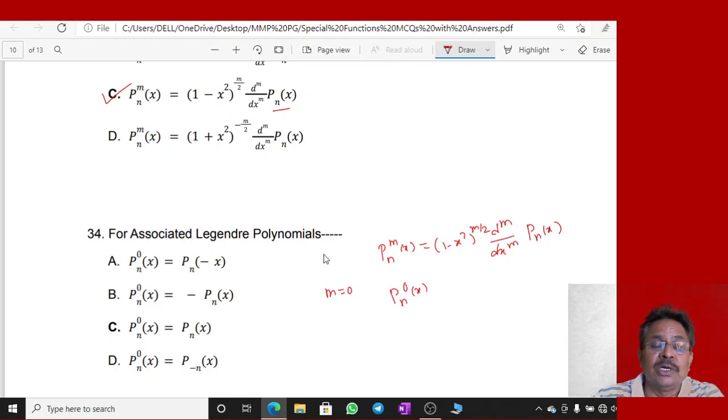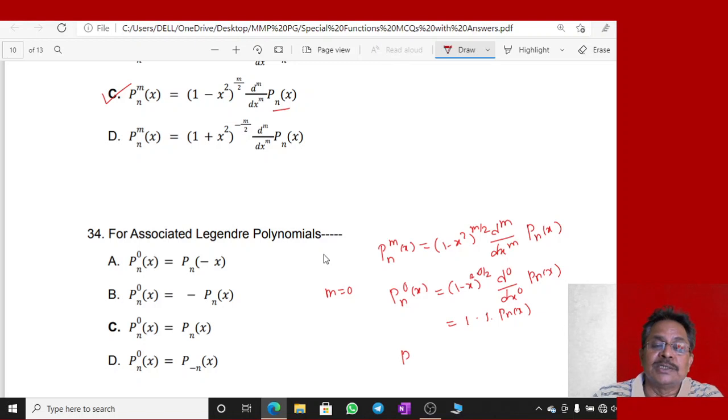This is the associated Legendre polynomial of order n, and this other coefficient is 0 here. So that will be given by (1 − x²)^(0/2) d^0/dx^0 Pn(x). Therefore (1 − x²)^0 is 1, d^0/dx^0 is also 1, so we get Pn(x).